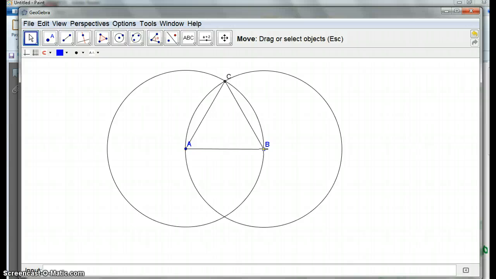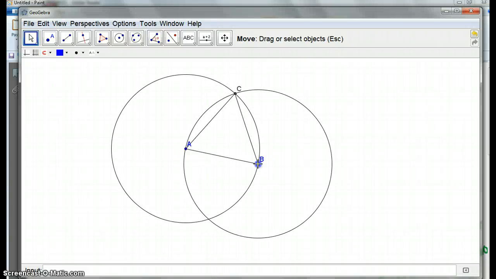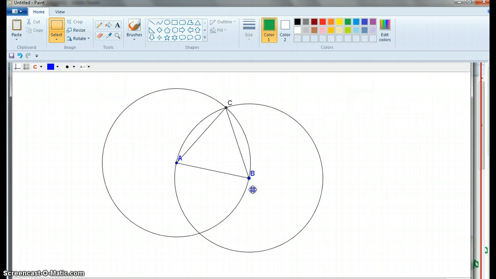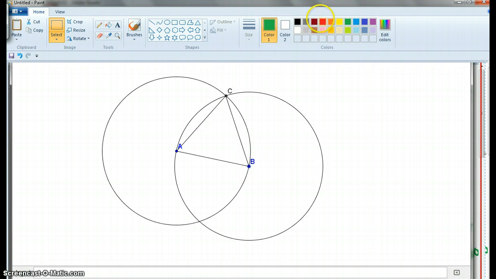Isosceles? Anyone else? Equilateral. How do you know it's an equilateral? How can you prove that? Aha. So what you're saying there, if we just grab that and pop it into here, is that this circle here, that's the radius, but that's also the radius of that circle.